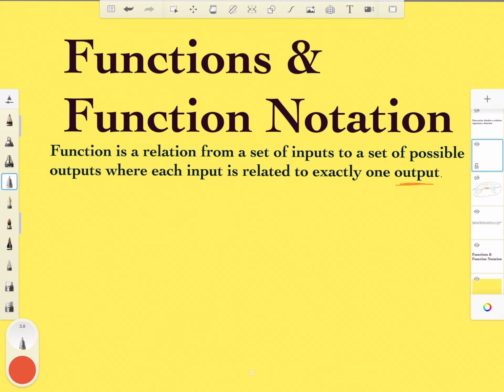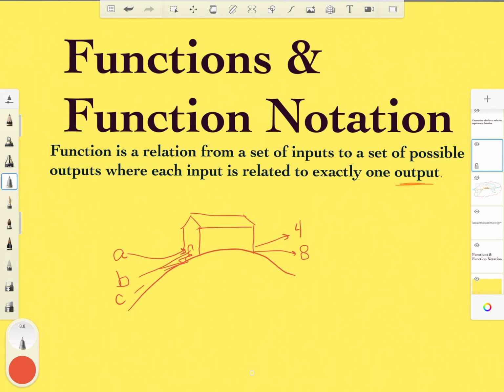I'm going to make a small factory here on top of the mountain. We have A, and inside we will get 4. B, when inside we get 8. C, when inside we get 12.